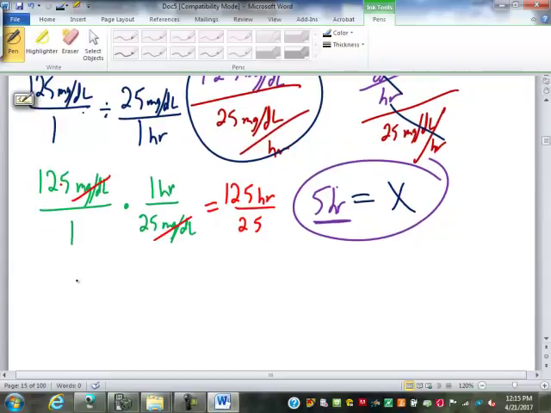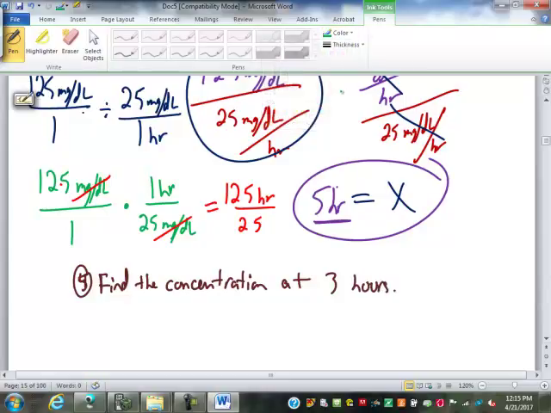We might also ask, question 5, find the concentration at 3 hours.